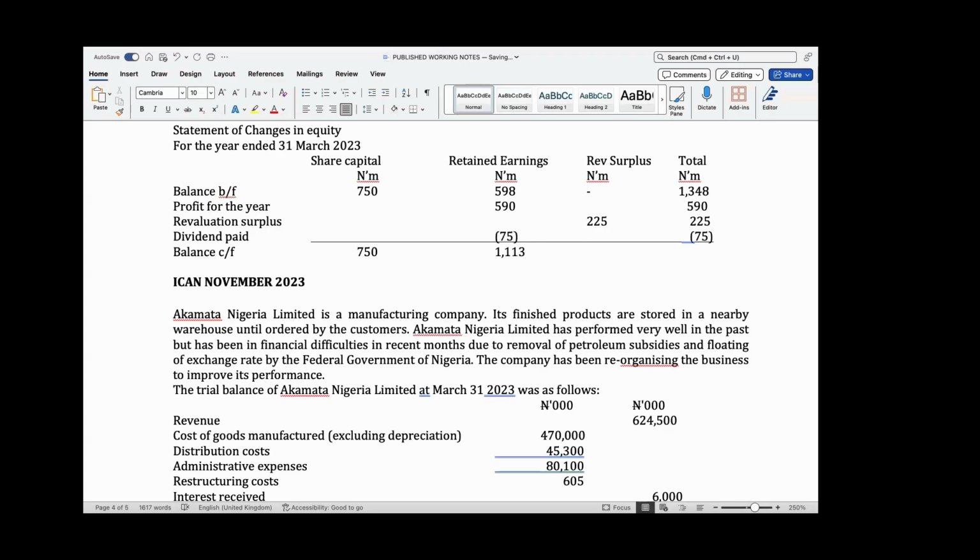Another person is calling the wrong figure. 1188. The total is 2088. It's not 1188 now. This plus this minus this is 1113, yeah, correct. 750 plus 225. So that last one is 2088.